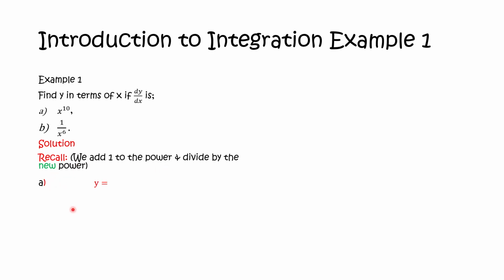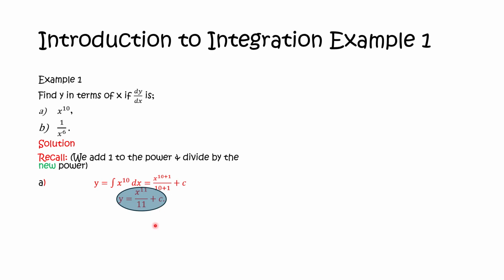That is to say, y equals the integration of x to the power 10 with respect to x, which is going to be x to the power 10 plus 1. We divide by the whole new power, 10 plus 1, plus c, the constant of integration. Now, simplifying that, we get y equals x to the power 11 divided by 11 plus c.